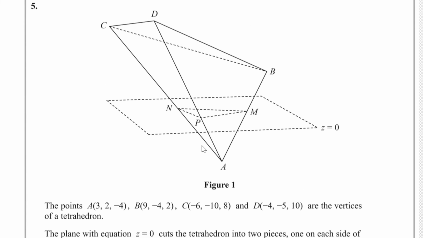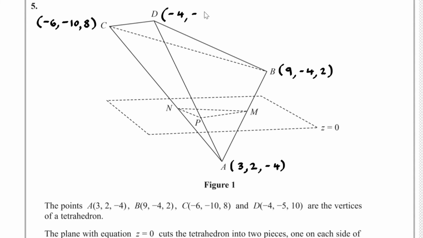Now let's add in what we know so far. We've got the coordinates of A, 3, 2, minus 4. Coordinates of B, 9, minus 4, 2. Coordinates of C, minus 6, minus 10, 8, and the coordinates of D, minus 4, minus 5, 10.